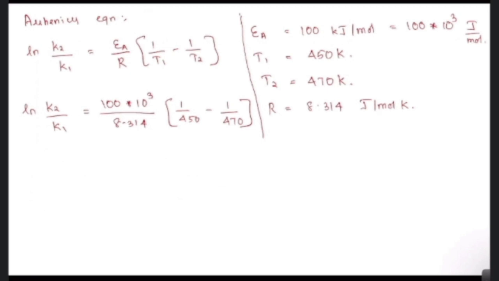So solving this and taking the exponential, we get k2 by k1 is equal to 3.118. Let us take this as equation 1. Now for our next step, we need to use the concept of Thiele modulus.